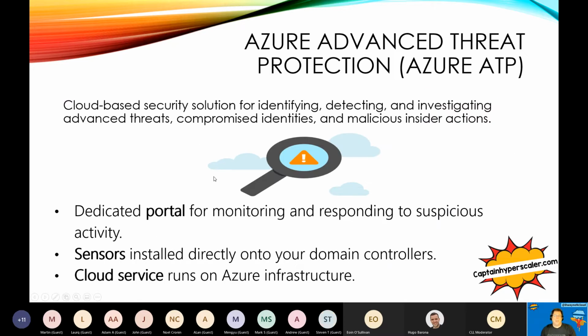And Azure Advanced Threat Protection, also in short, Azure ATP. If any of you attended any of the security sessions at Ignite last month, this has also been renamed Defender, Microsoft Defender. There's multiple flavors of it. Right now, in terms of this exam, it's still called advanced threat protection, but you might see Microsoft Defender being utilized a lot more.